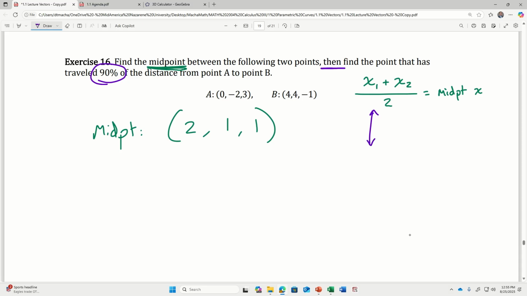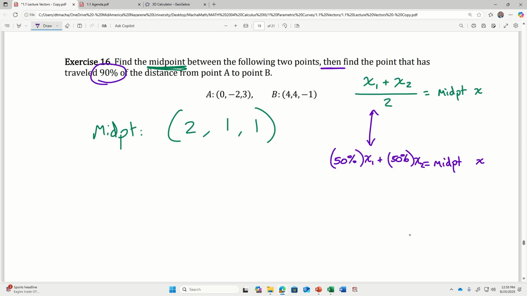But you know, this midpoint formula that we're looking at, another way I could have written it is maybe something like this: 0.5, or heck, I could call it 50% times x1 plus 50% times x2. That would give me the midpoint.